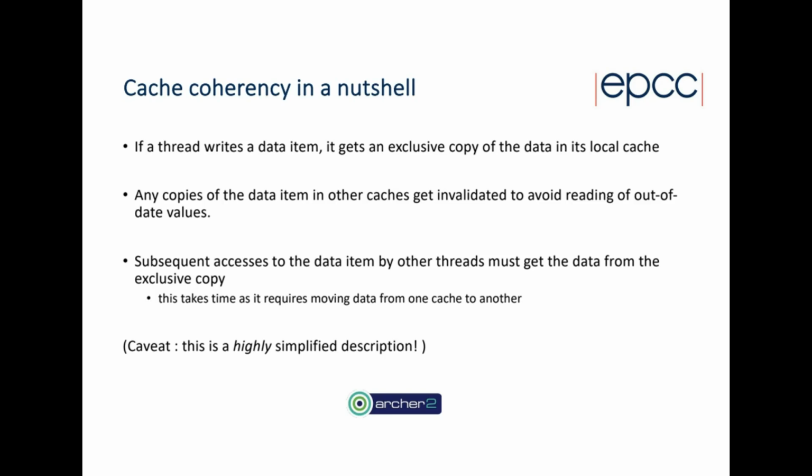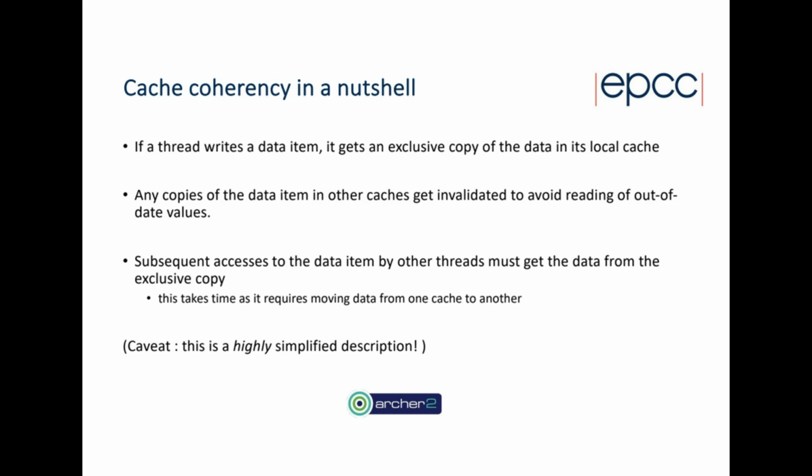So the hardware uses this cache coherency mechanism to make sure that that can never happen, so that different cores cannot observe different values at the same address.